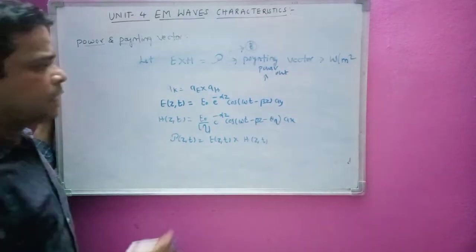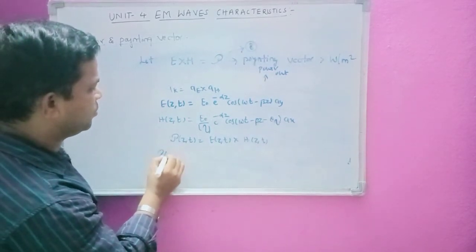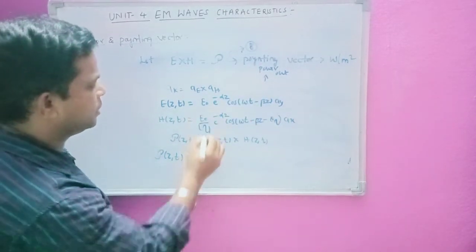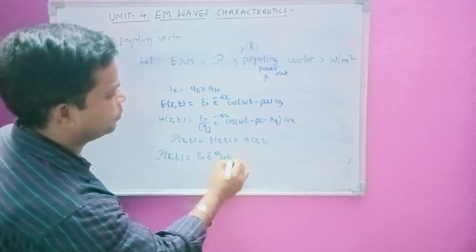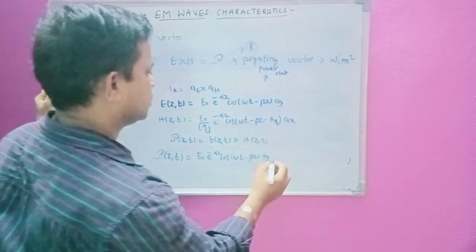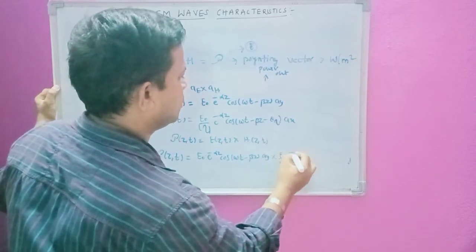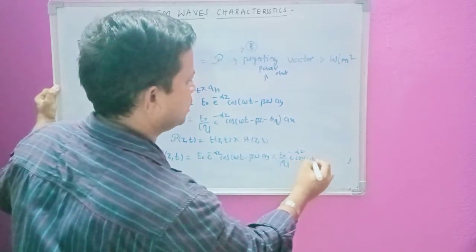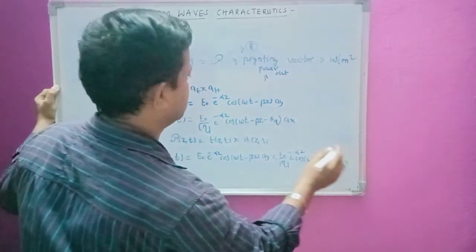Okay, now if I take the cross product of these two equations, what happens here? P of z comma t, that is the Poynting vector which is measured in watts per meter square, is E naught into e power minus alpha z cos of omega t minus beta z ay cross E naught by mod eta e power minus alpha z cos of omega t minus beta z minus theta of eta into ax.